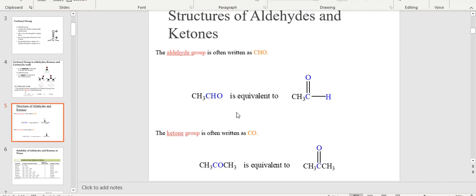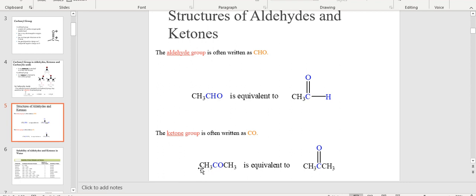As we just showed you, if it's written in short form, you will see an aldehyde written as CHO. Written structurally is this. If you see a ketone, it will be CO. And you remember how many bonds carbon has? 4.